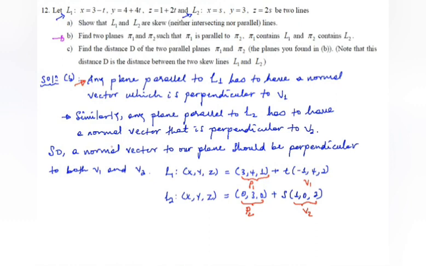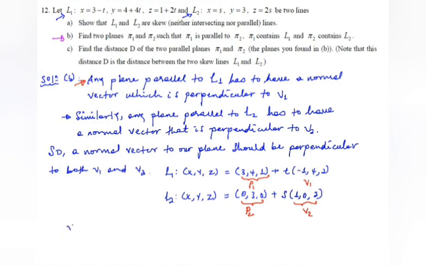Okay, so we can calculate the cross product of V1 and V2, which is normal to the plane pi 1 and at the same time also normal to the plane pi 2. So now we calculate the cross product of V1 and V2.